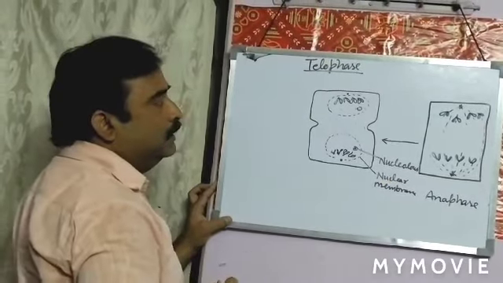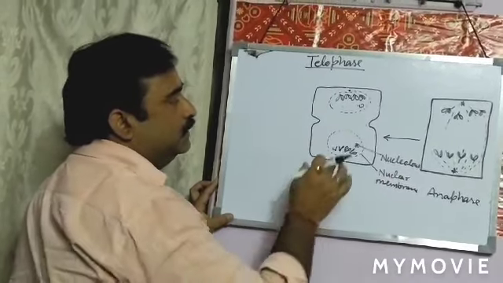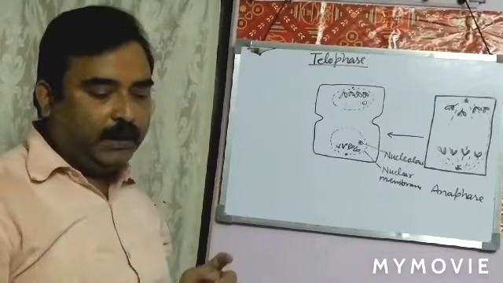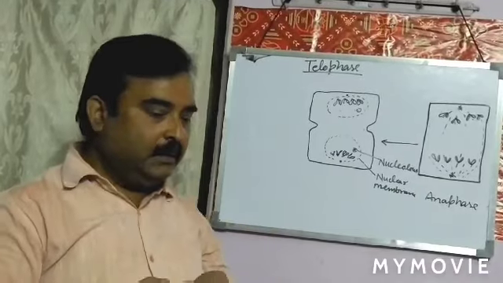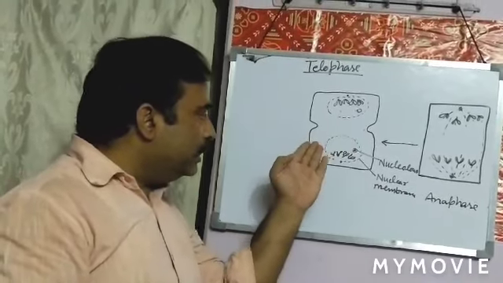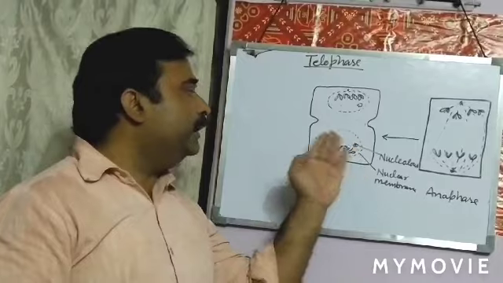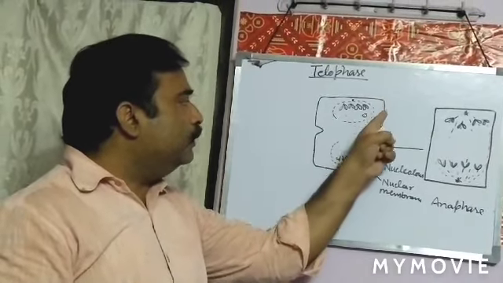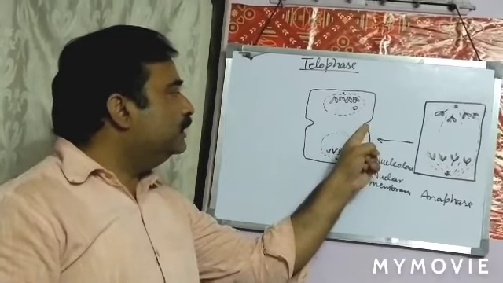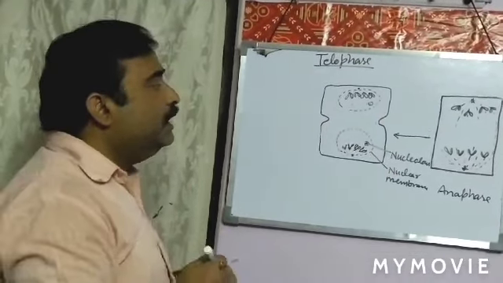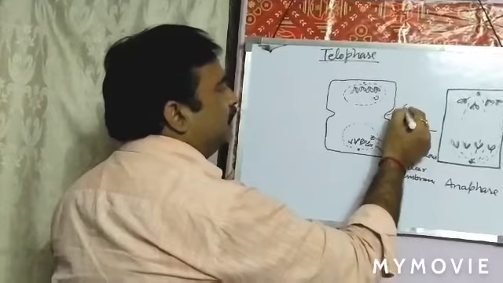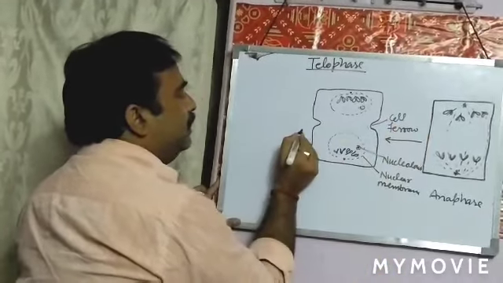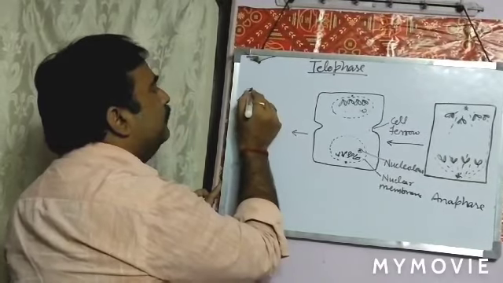So what is the specialty of telophase? The chromatids start converting into chromatin networks. Clear? Then the nuclear membrane starts reappearing, the nucleolus starts reappearing, and the furrow starts developing in the cell membrane in the animal cell. So this can be considered the cell furrow.